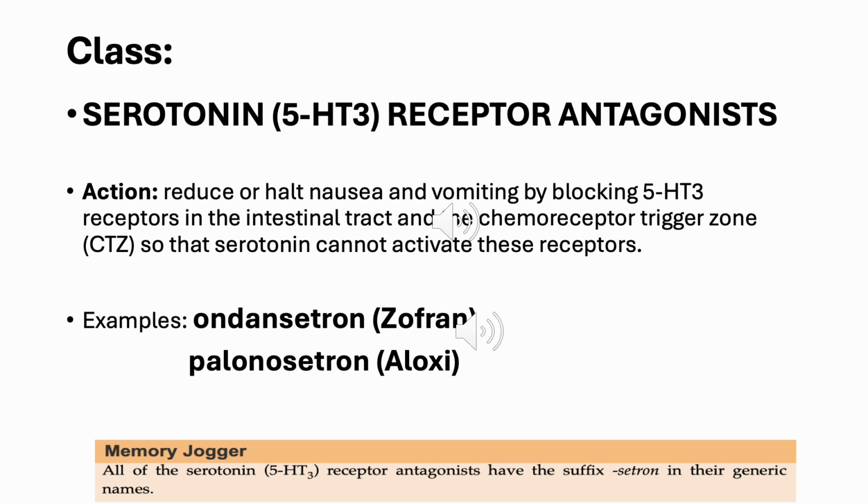The serotonin 5-HT3 receptor antagonists are a class of antiemetic drugs that reduce or halt nausea and vomiting by blocking 5-HT3 receptors in the intestinal tract and the CTZ so that serotonin cannot activate these receptors.